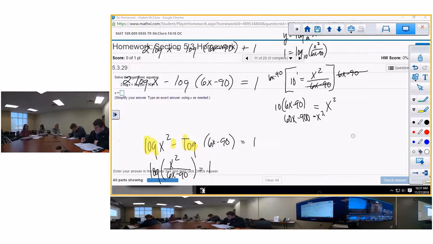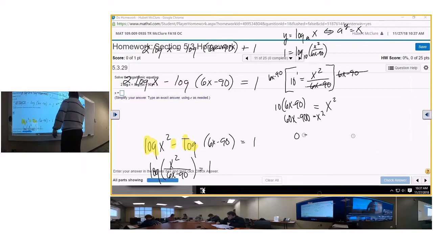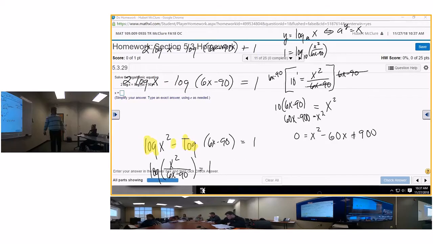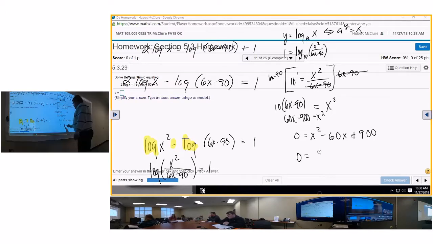And that's going to give us 0 is equal to x squared minus 60x plus what? 900. And I think you could probably use shortcut number what? Number 2? Because the square root of x squared is x. The square root of 900 is what? 30. 2 times 30 is 60. So you could use your shortcut. X minus what? 30. Quantity squared. And your answer is what? 30.